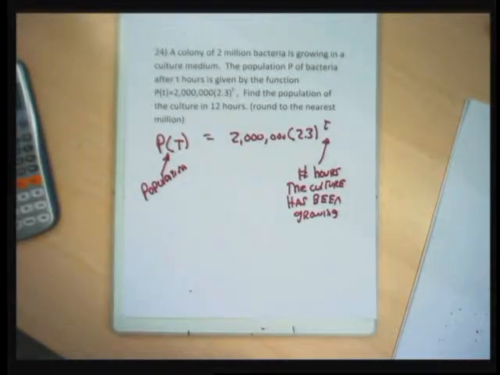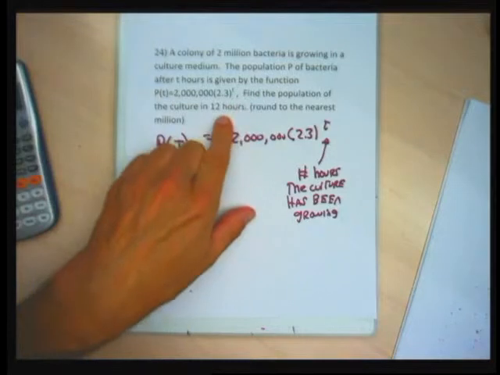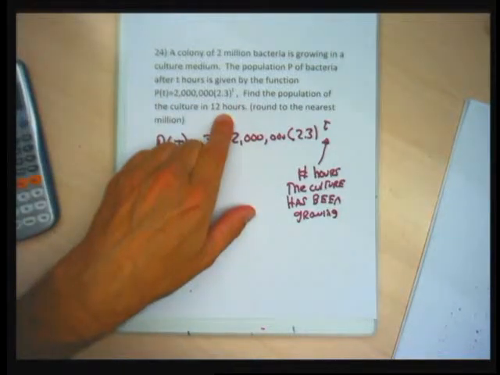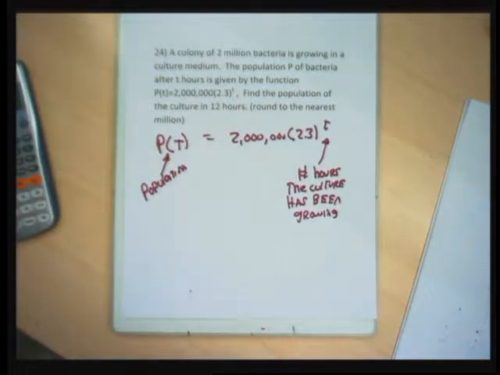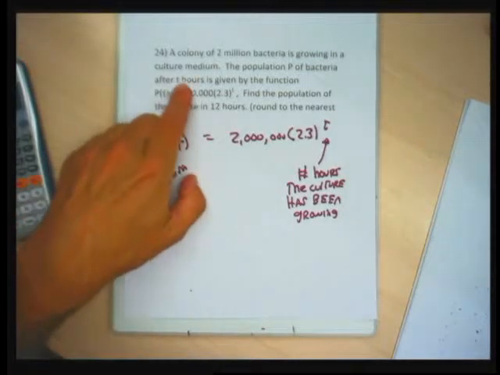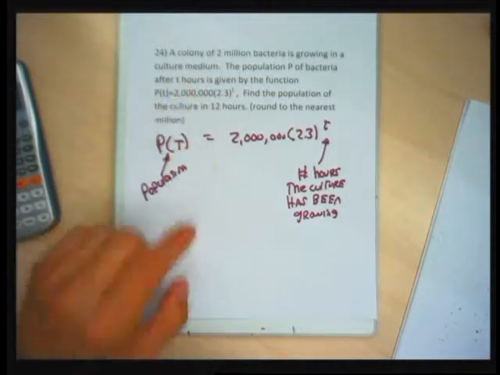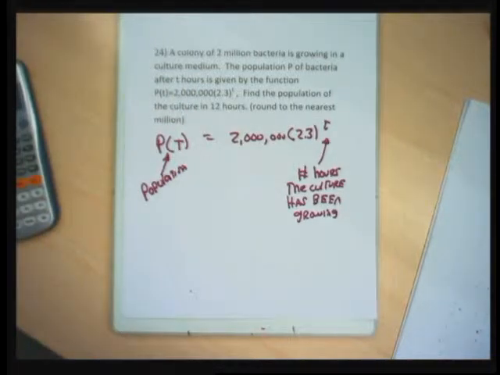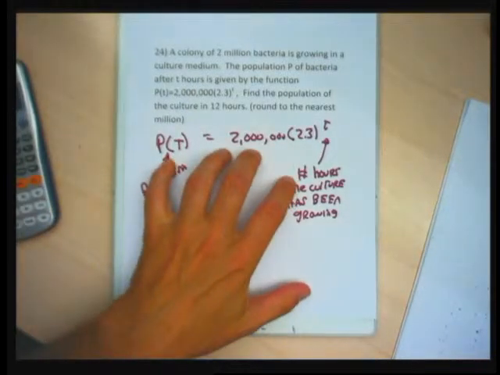And that's all I have to do. This says find the population after 12 hours. All I'm going to do is put 12 in for the hours, and the hours stand for t here. It's the time. So to solve problem 24, this is exactly what this formula does. If you tell me how many hours the culture's been alive, I can approximate how many bacteria are in it by plugging in that number for t.